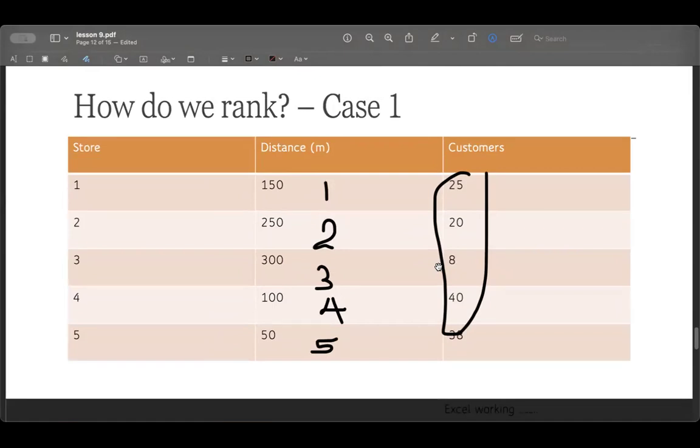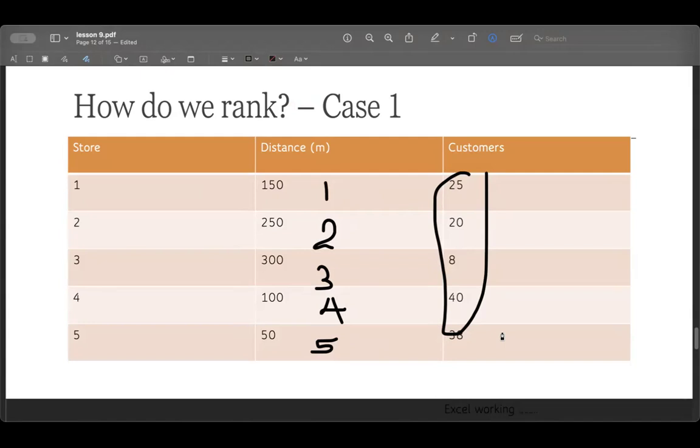Store distance, customers. How do we rank it? How do we rank it with the customers? We can rank it with respect to distance, or we can rank it with respect to the number of customers.